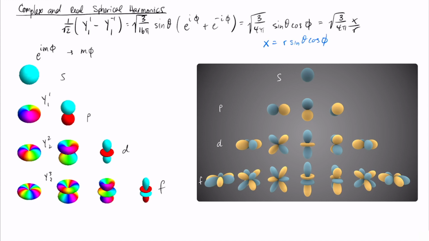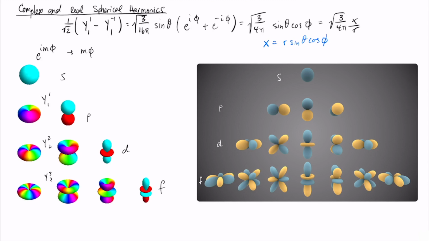For Y22, there's this little teal band here, and another one here, and then you get back, so this goes through the whole thing twice, which makes sense because here this is e to the i phi, and for the Y22, it's e to the 2i phi. And as you can imagine, for Y33 you see three of these repetitive bands, because down here you have e to the 3i phi.